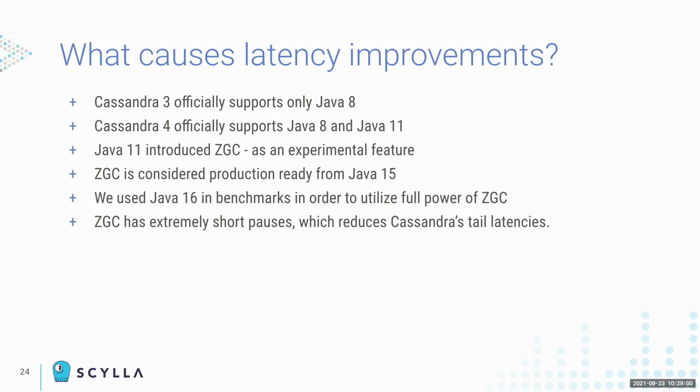In our benchmarks, we used Java 16. Even though Java 16 is not officially supported in Cassandra 4, we wanted to give the best possible environment for Cassandra to achieve the best results it could.